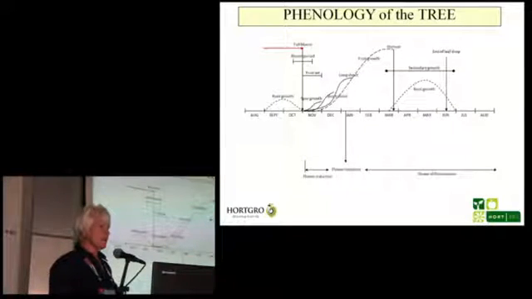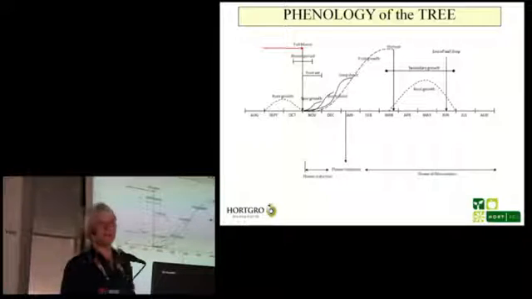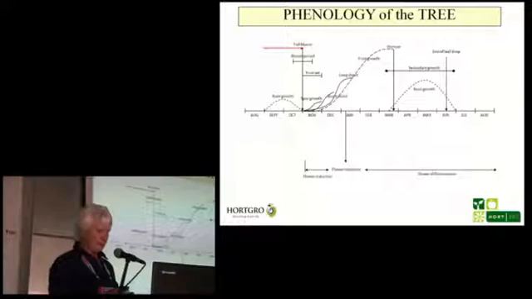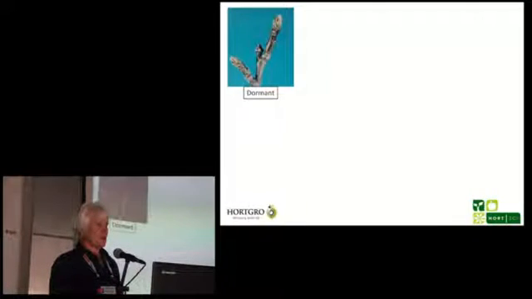Then there's a period that's also quite important in fruit production, and that's the period just prior to full bloom, where we normally look at the development of the tree in a little bit more detail, and specifically at the flower buds. The process starts off with a dormant bud in winter.